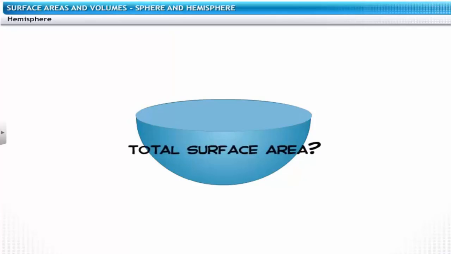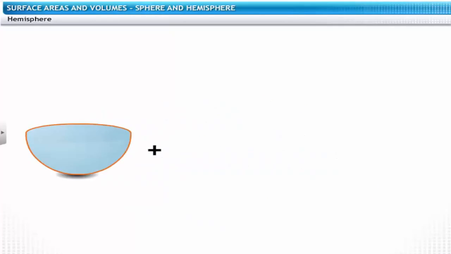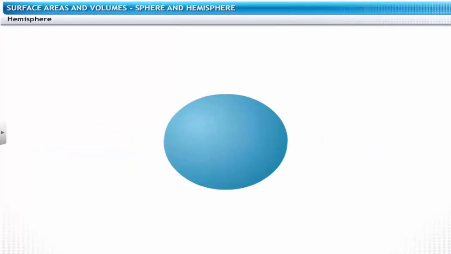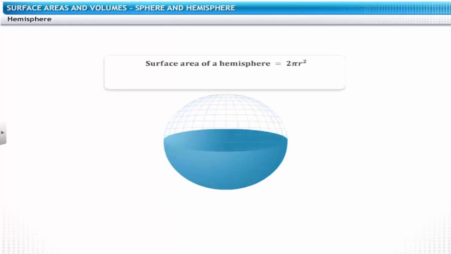Now, let's calculate the total surface area of the hemisphere. The total surface area of a hemisphere is the sum of the areas of the curved surface and of the flat surface. The surface area of the curved surface is exactly half of the surface area of the sphere. That is 2 pi r squared.